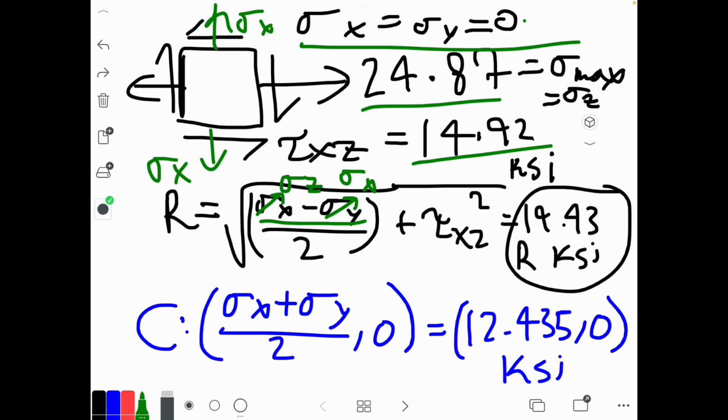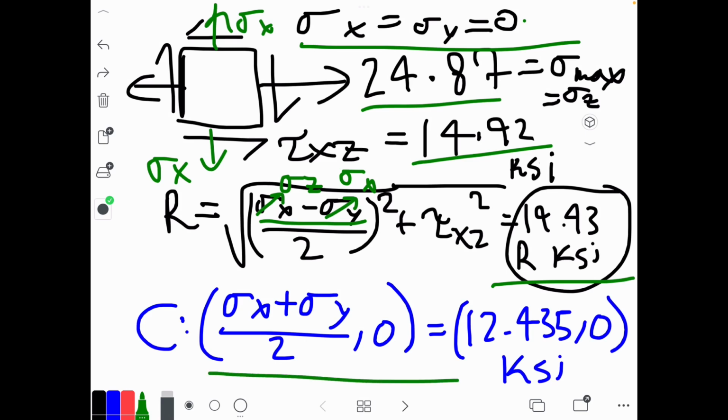So stress z divided by 2, which gave us 12.435, squared, plus the shear stress squared, which was our 14.92. We square that, add these two numbers together, and then take a square root. So our radius is going to be 19.43 ksi.